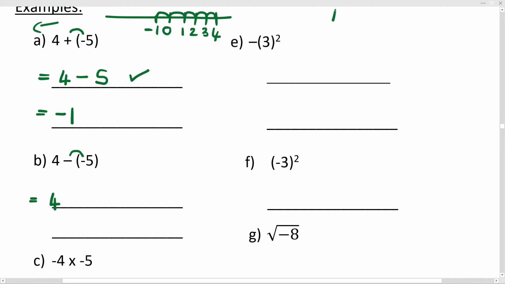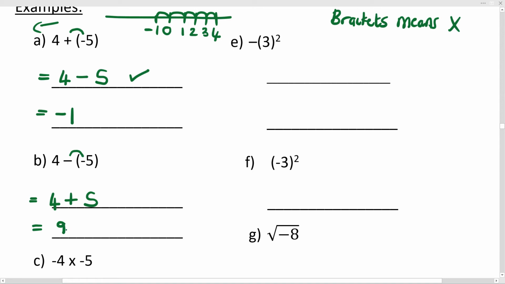Because brackets, if they're stuck together, or things on either side of a bracket, brackets means times. Okay, so it's actually 4 minus times a minus is a plus 5. Or you can think about I'm minusing a negative, which is actually adding, right? Okay, so that one's going to be 9.